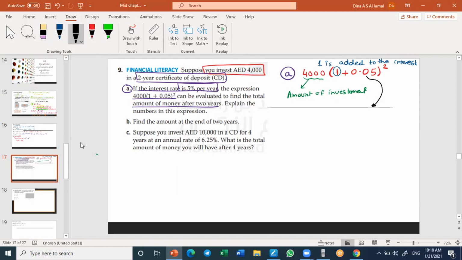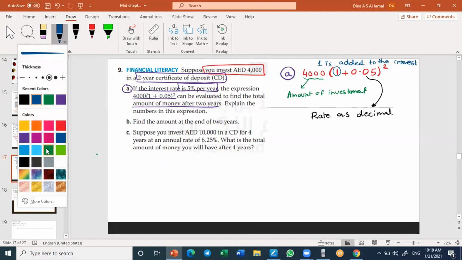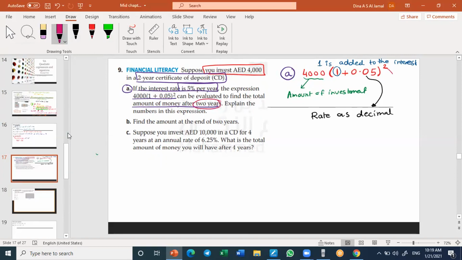So here you will be having your rate as decimal instead of having it 5%. And your 2 will be referring to the 2 years. So it's all about the years of deposit or investment.